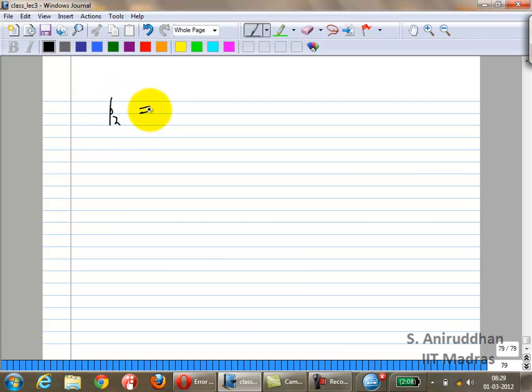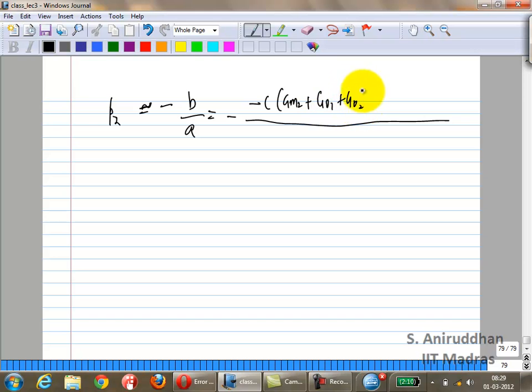Where is the other pole? The other pole is at minus B by A, approximately minus B by A. This is B over A. What is that?